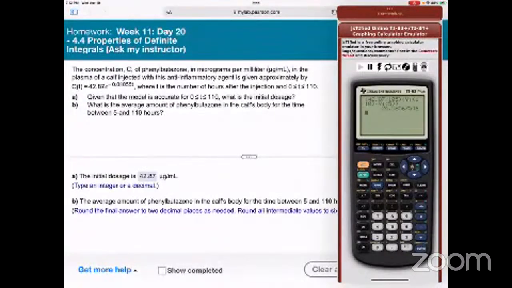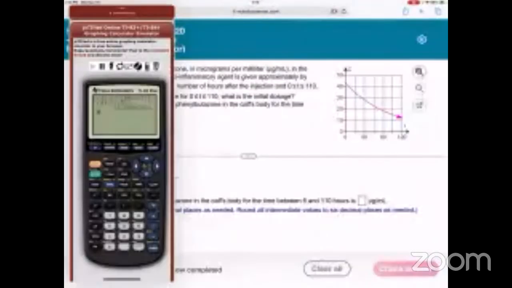So we might have a hard time getting this one right. I'm just going to go with this for right now. I think we're going to be close. Two decimal places is going to be 24.59.